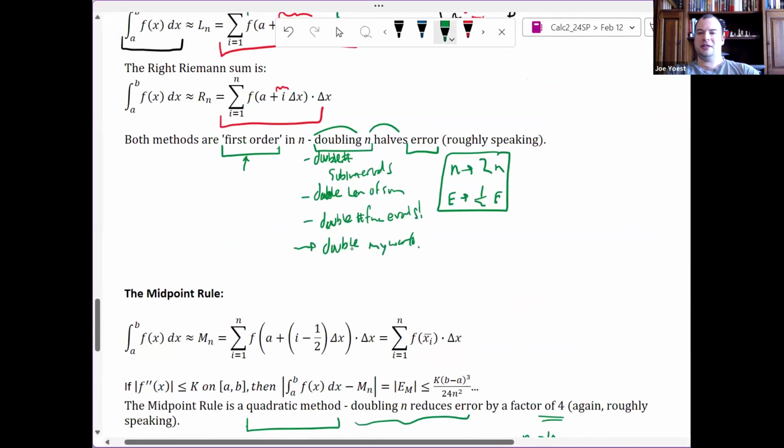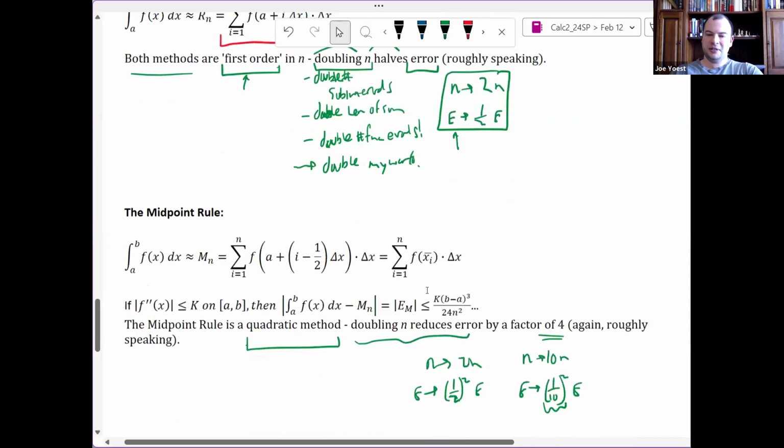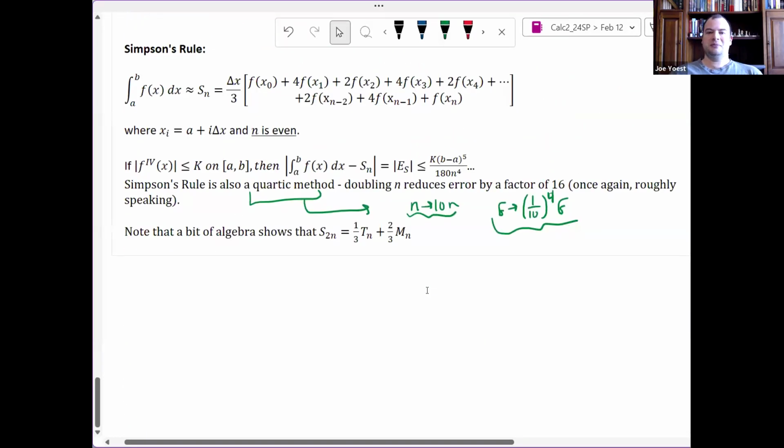Instead, up here, if I did 10 times the amount of work, I get 1 decimal place of accuracy. I'd have to do something like 10 to the 4th times the amount of work with a Riemann sum to get 4 more decimal places of accuracy, whereas with something like Simpson's rule, I have to do 10 times the amount of work to get 4 more decimal places of accuracy. This is a much better yield.